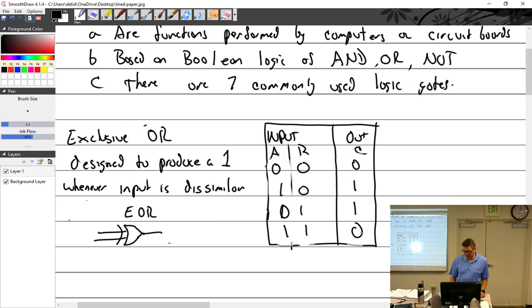Well, that transitions nicely to the next one, which would be exclusive NOR. There we go. I'm just saving time right here.